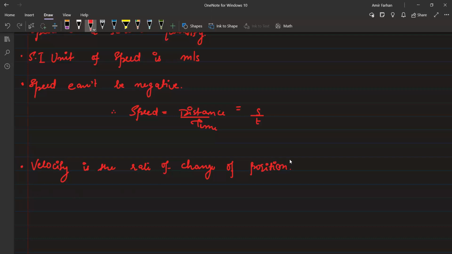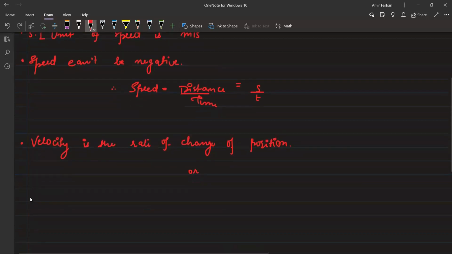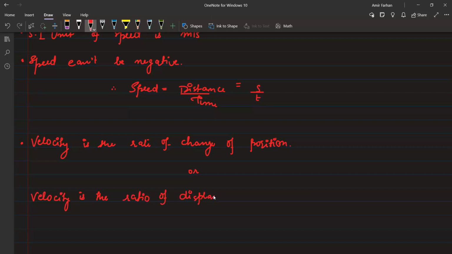And one more, you can say, velocity is the ratio of displacement and time. Displacement and time.